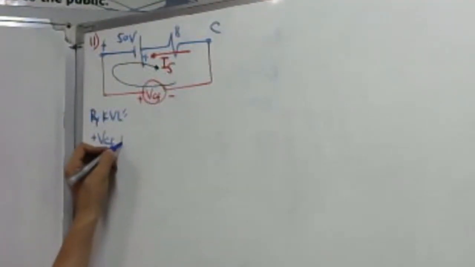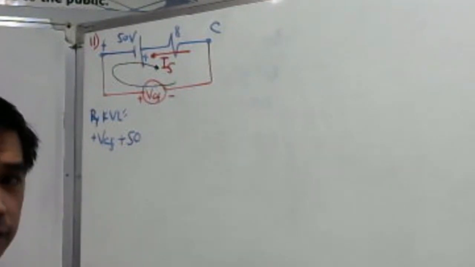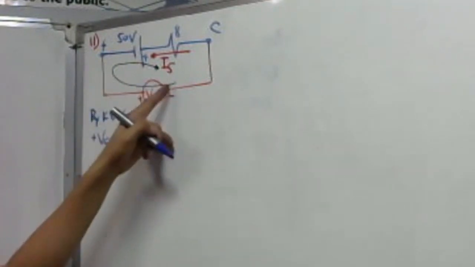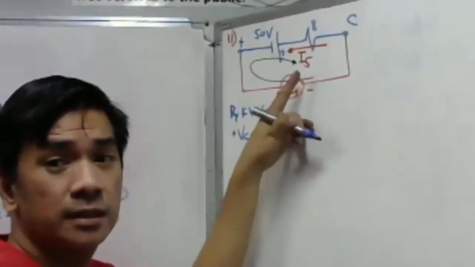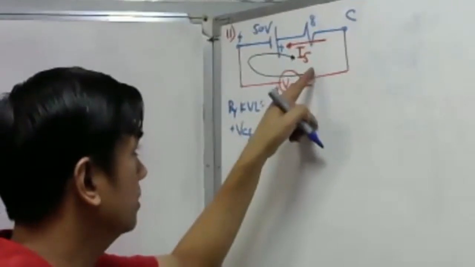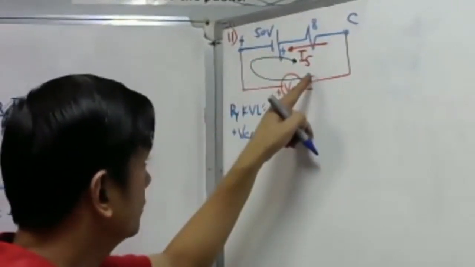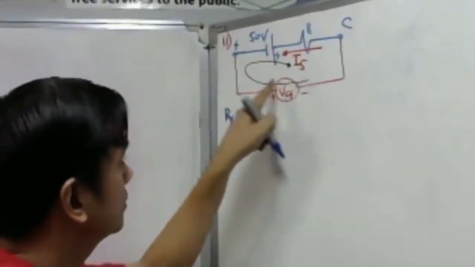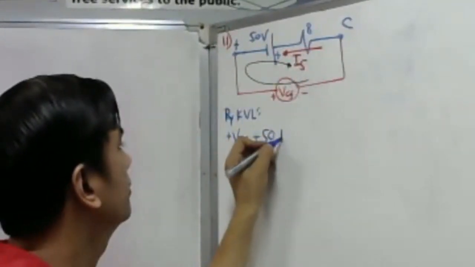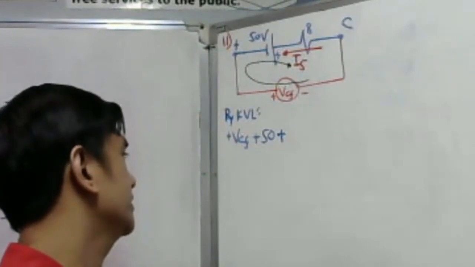So make it plus 50. Again, in Kirchhoff's voltage law, our circuit tracing is going to the right. But our I5 is going to the left. So to the right, to the left, therefore, two directions, positive yon.